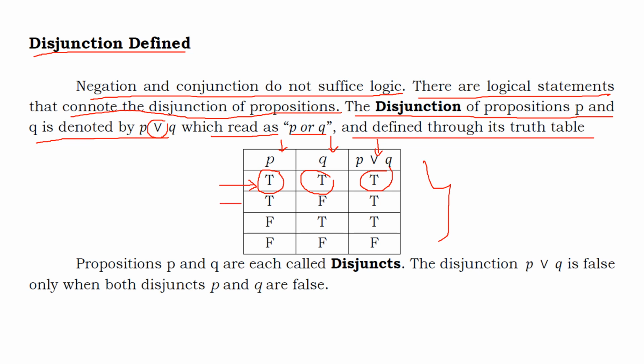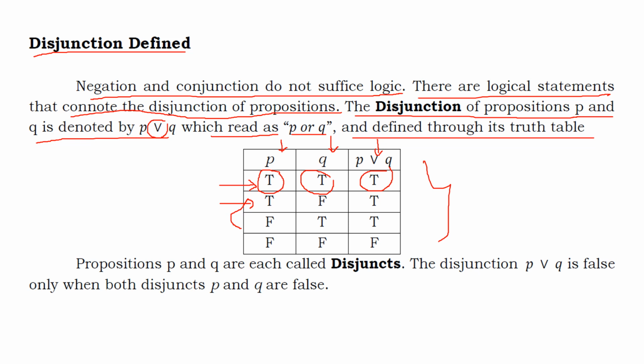Now, in this case, in your third and fourth rows here, there are scenarios wherein one of the truth values between your two propositions P and Q is true. As long as there is one truth value between the truth values of your P and Q propositions that is true, then the disjunction of propositions P and Q is also equal to true.